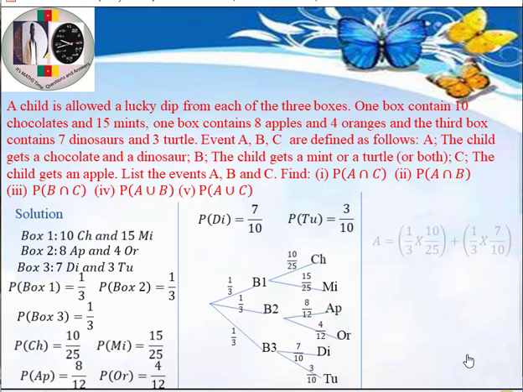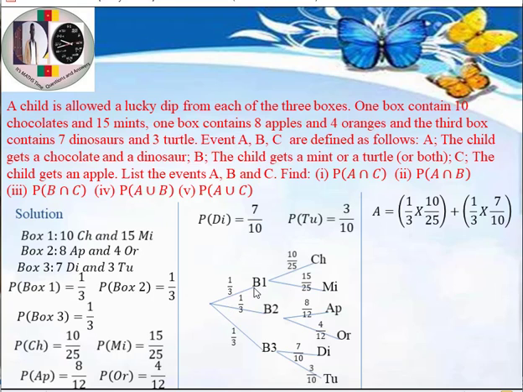Event A says that what? For us to get event A, the child can get either a chocolate or a dinosaur. So for us to get a chocolate, we must select from what? Only box 1.